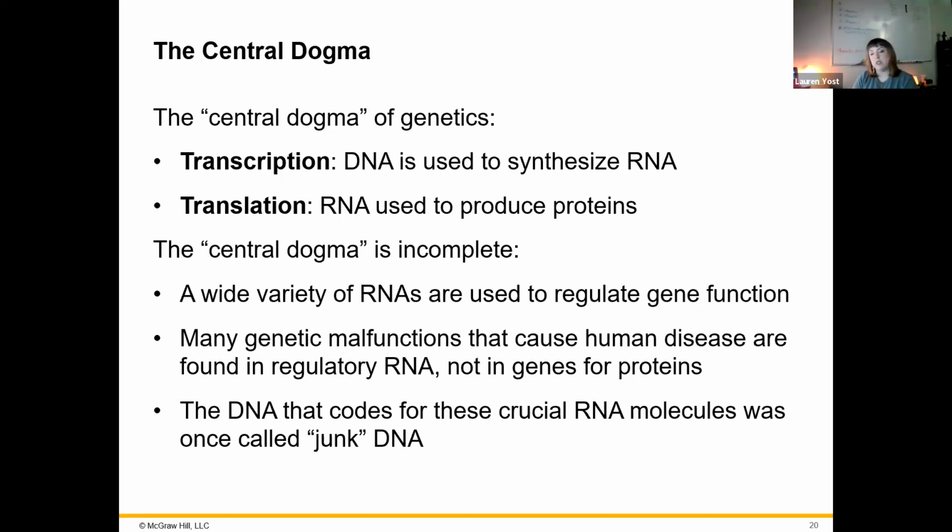So the idea with the central dogma of genetics, this means that we have transcription and we have translation in that order. So that would mean going from DNA to RNA, RNA to protein. And what's really going on there is DNA is like our blueprint that we keep in the Smithsonian, right? That's the original copy.